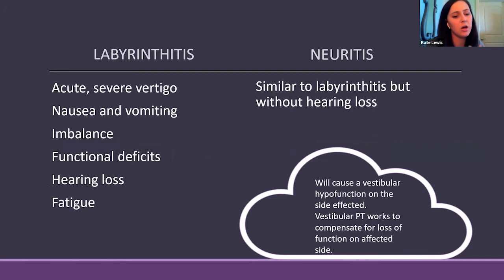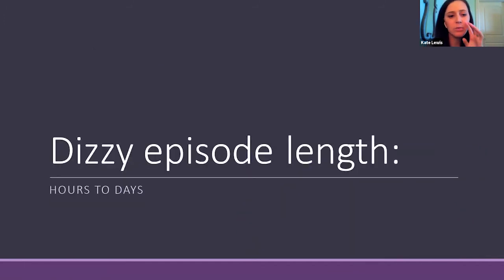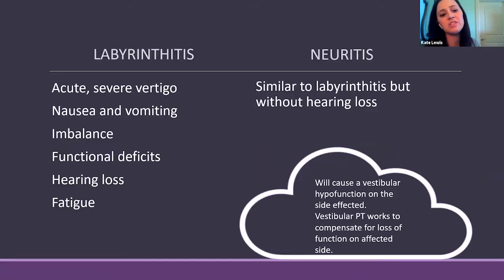Sorry about that. Now we're talking about dizziness that lasts hours to days. We're talking about labyrinthitis and neuritis. They're both essentially infections in the inner ear. The only difference between them is that with labyrinthitis you're going to have a hearing loss, and you won't have it with neuritis.